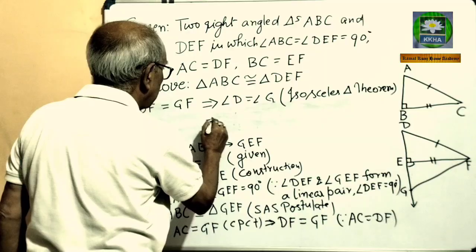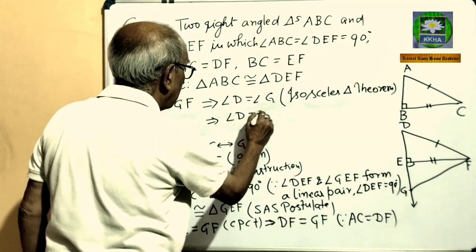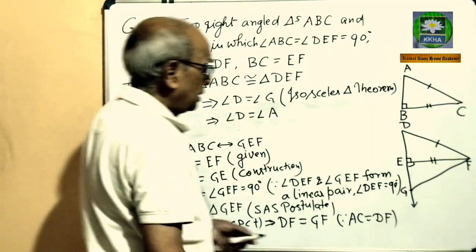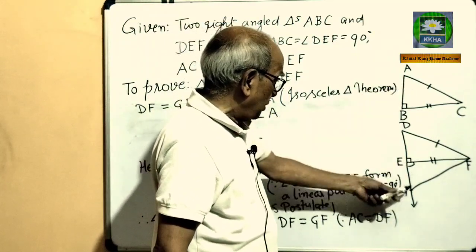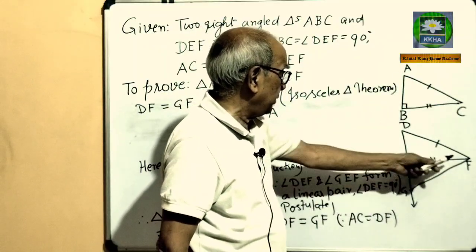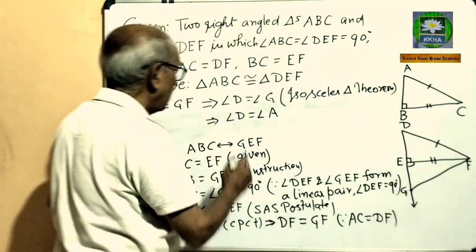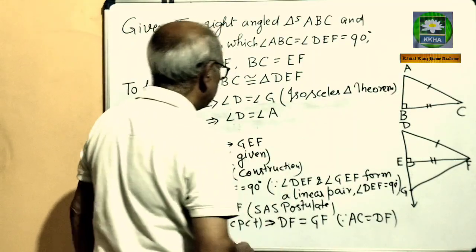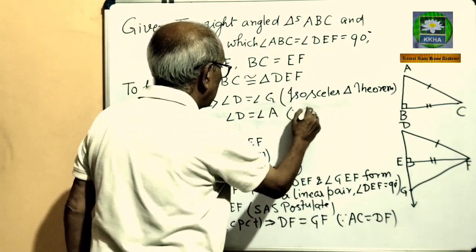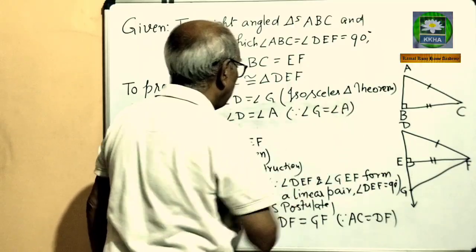This implies that angle D will be equal to angle A, since angle G is equal to angle A, because triangle ABC is congruent to triangle GEF.